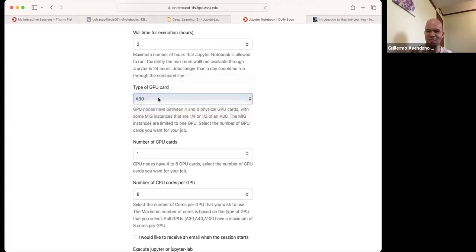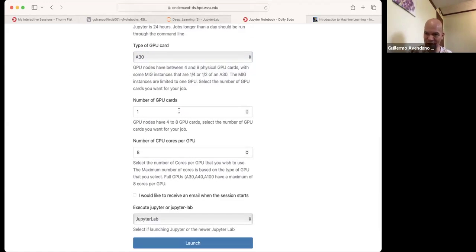So let's see, 8:30 is okay for me. How many GPU cards will I be using? Just one, for the kind of things that I have time for in the final 20 minutes. Sometimes it's good to use multiple GPUs because you can train different models under different circumstances, for example with a bigger batch size.